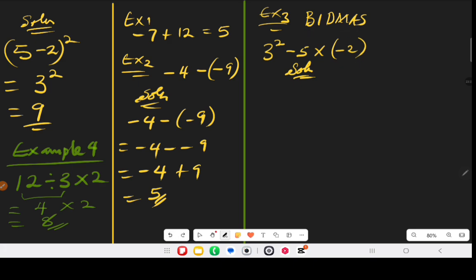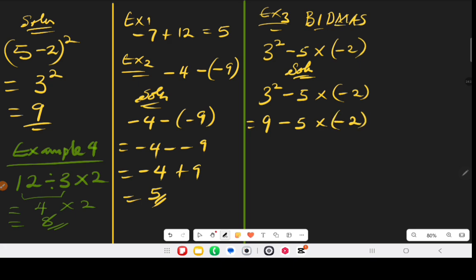Bracket here we have only one item inside, meaning it's just representing one unit. Then we go to index, which is 3 raised to the power of 2 first, minus 5 times minus 2 in bracket is the same thing as 9, which is 3 times 3, minus 5 times minus 2.